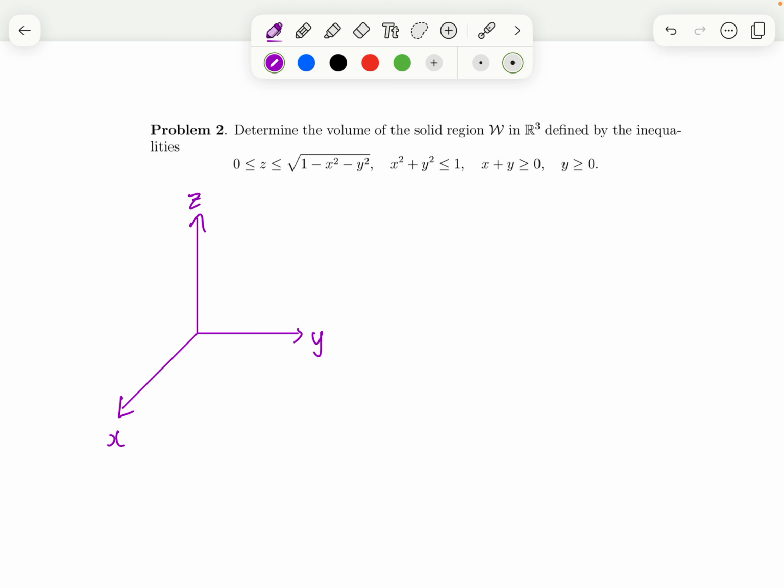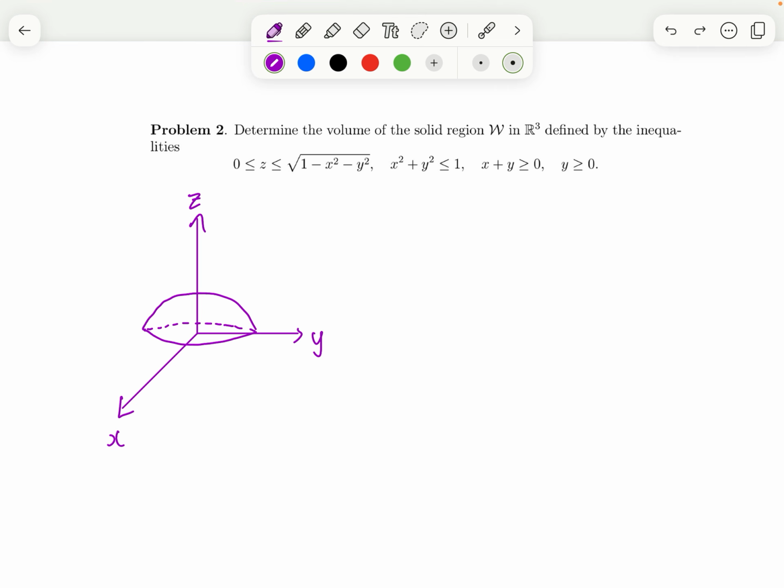So this is going to look like, and apologies for my not so nice drawing, something like a semicircle kind of shaped region. This region would be positive only, because z has to be greater than 0, and then we are bounded by this here.